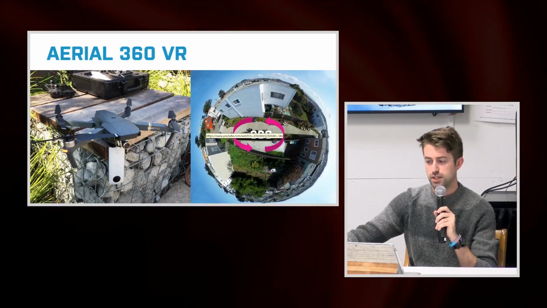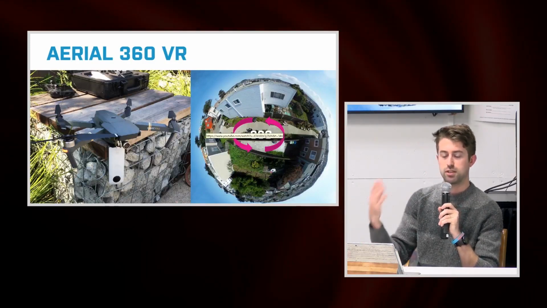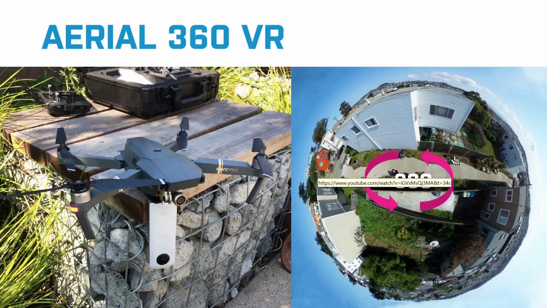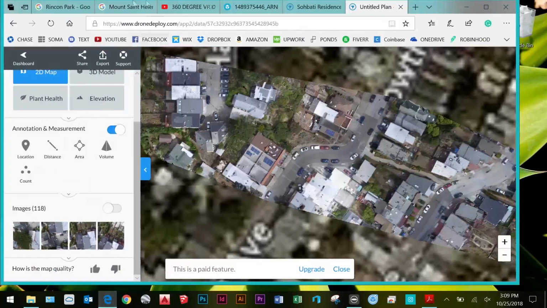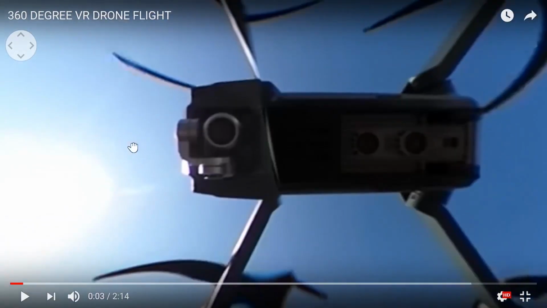To take that even further, I'm foreseeing that in the future all drones will be capable of taking 360-degree photos. This is essentially a camera that can photograph everything around it. And I have an example of a video that I took here. This is a 360 camera strapped on the bottom of a drone.